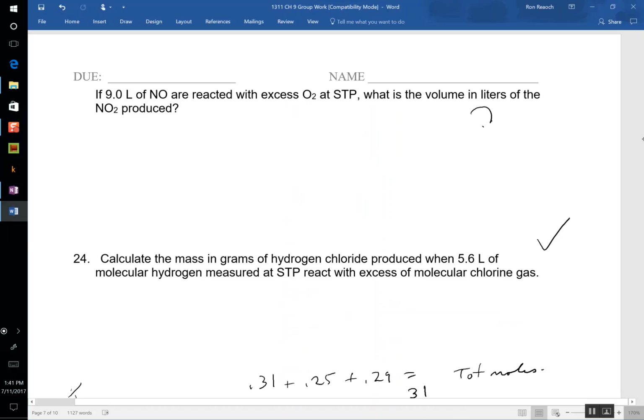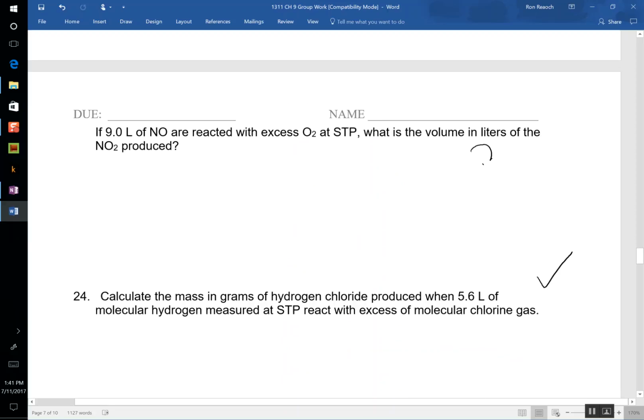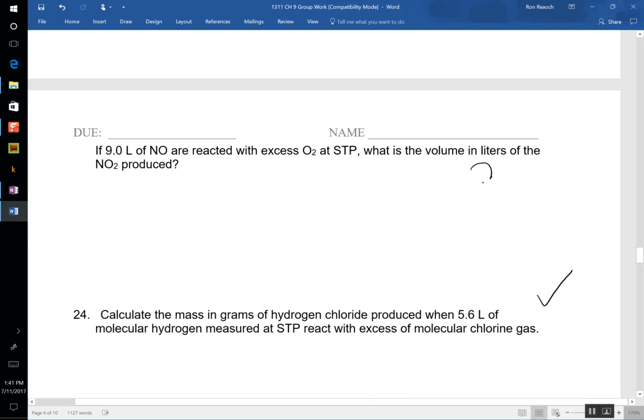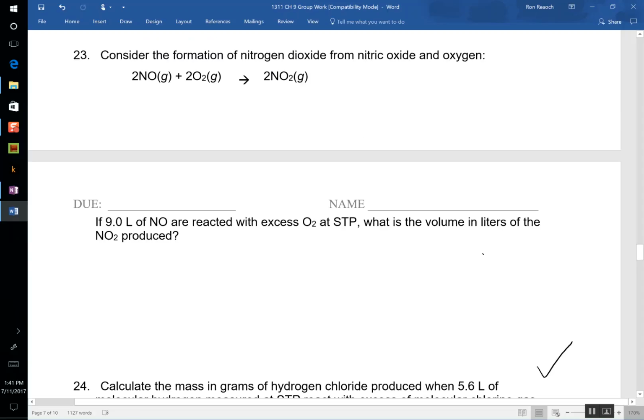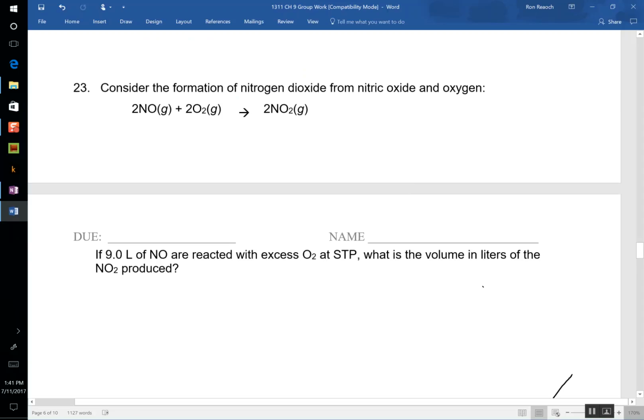If you can get 26, yeah, and this is another stoichiometry one with gases. Number 23, don't make that too complicated. You're being given an equation right here. 2 moles of NO yields 2 moles of NO2.